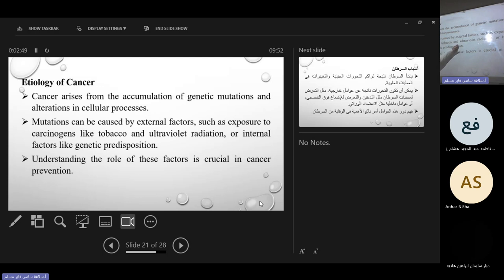Okay, you have the pre-qualities to have something done to you. Understanding the role of these factors is crucial in cancer prevention. Prevention means that you stop these things. Okay? All right. Go ahead and translate these 3 sentences.